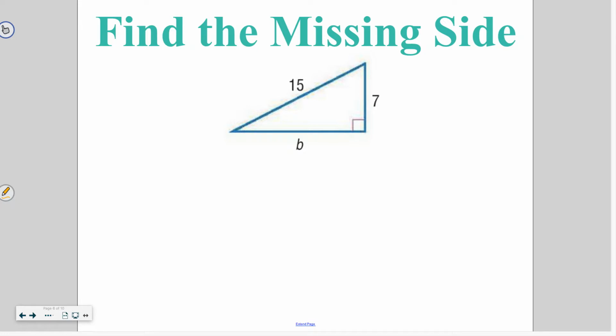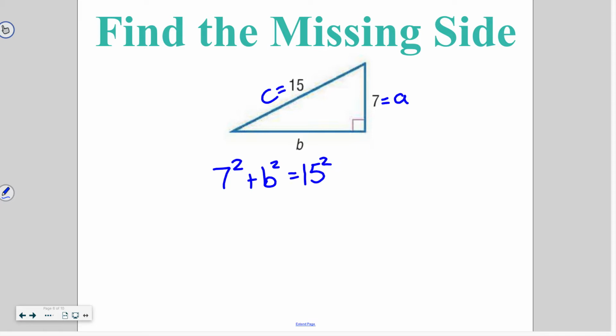We can also use this theorem to find the legs of a triangle. So right now, we know that the hypotenuse, or our c value, is 15. And they give us a, so 7 is a, and b we don't know. So I'm going to plug in and I'm going to say 7 squared plus b squared is equal to 15 squared.